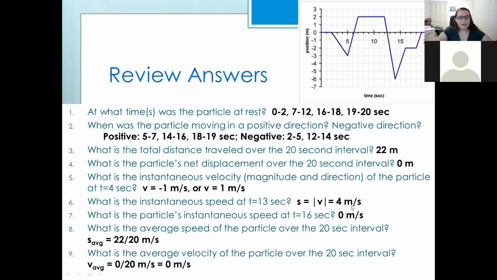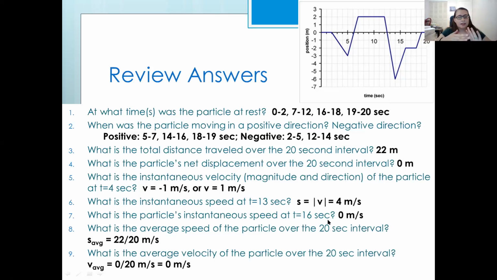Number 8, what is the average speed of the particle over the 20-second interval? So remember, average speed is the absolute value of average velocity. And for average velocity, we take the total displacement divided by the total time, which I guess ties into number 9.